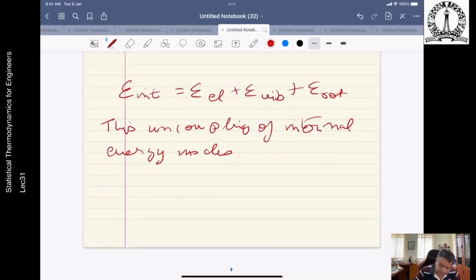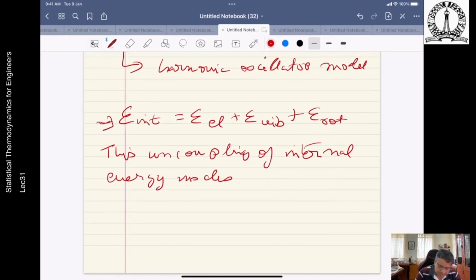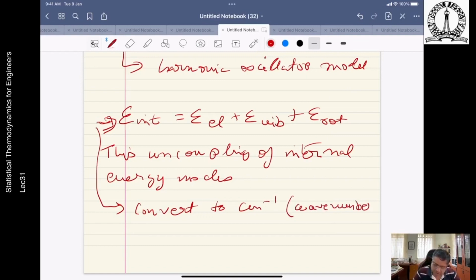Now, if we convert this equation to the units in wave number, so convert to centimeter inverse, which is basically your wave number, the internal energy is written as TE plus GV plus FJ.